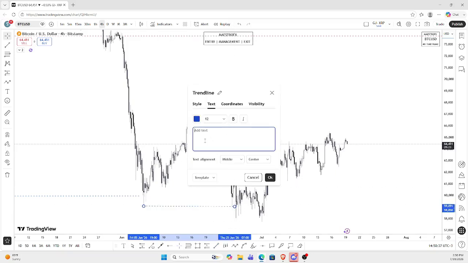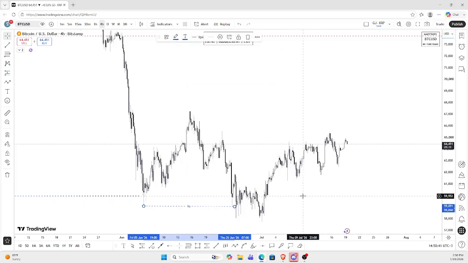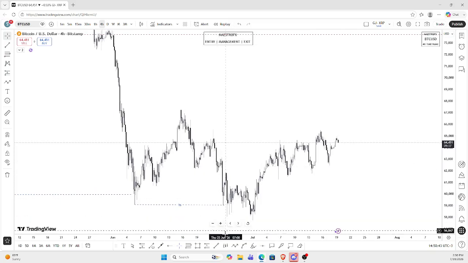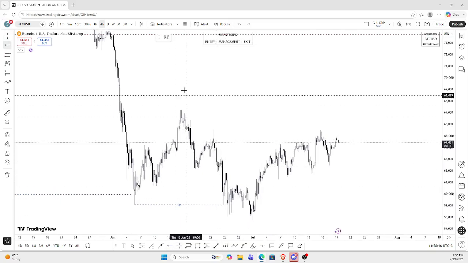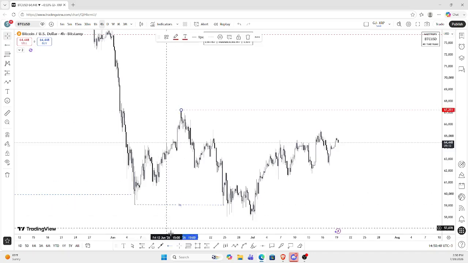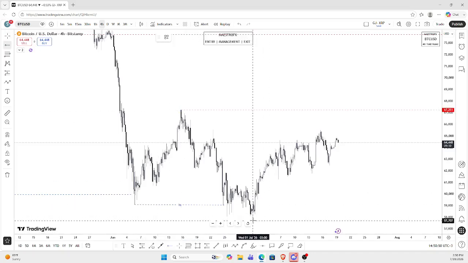On the 4-hour time frame, we can see that we had this last break of structure to the downside. This is our swing high, and this here is our swing low.